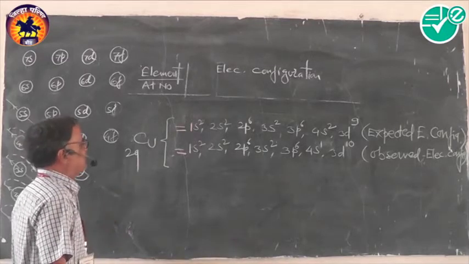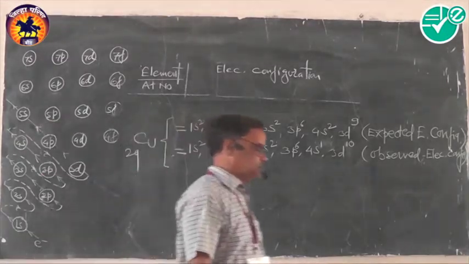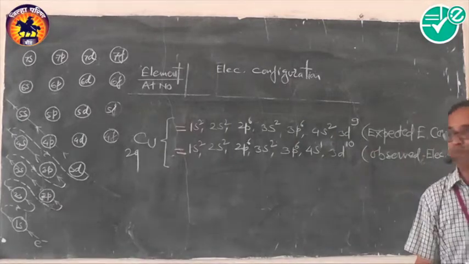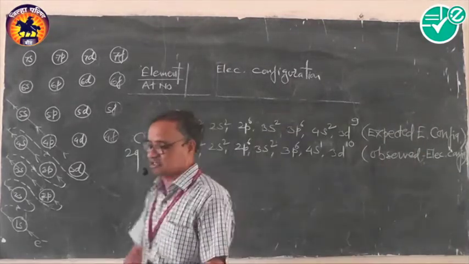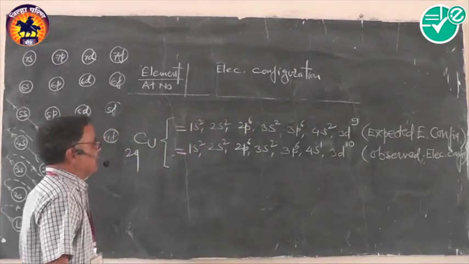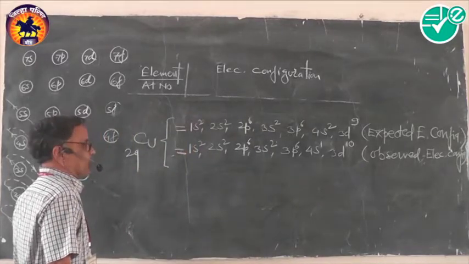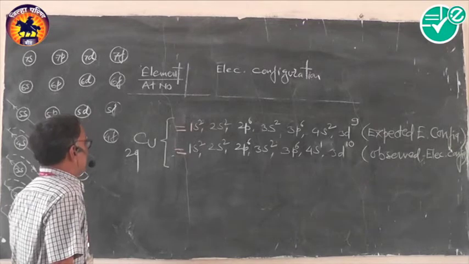Out of these 30 elements, chromium and copper give two different types of electronic configurations, that is the expected electronic configuration, on the basis of the above principle, and the observed electronic configuration while taking part in a chemical reaction.